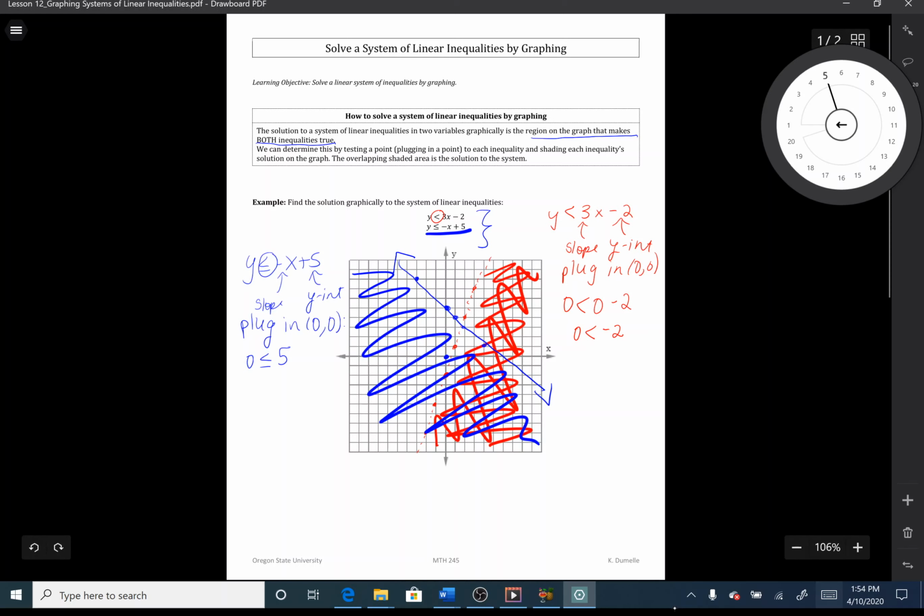So what that means is that the overlap between these two portions is what makes the system of inequalities true. So that means that all of this up in here, including this line, but not including this line, makes our system true.